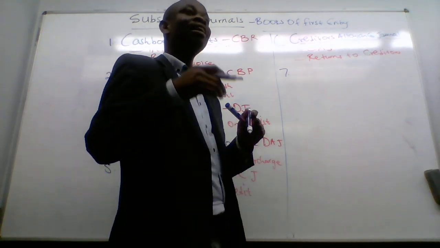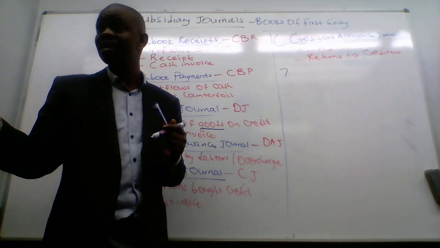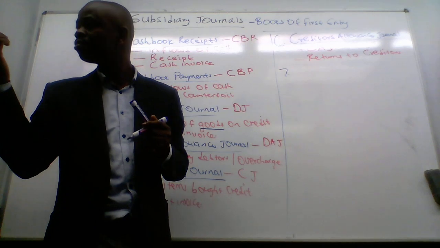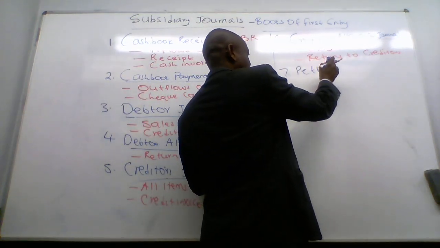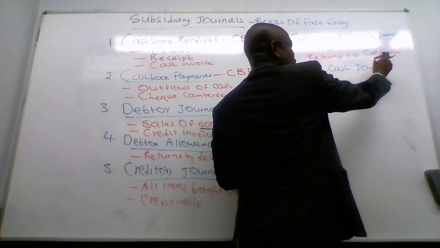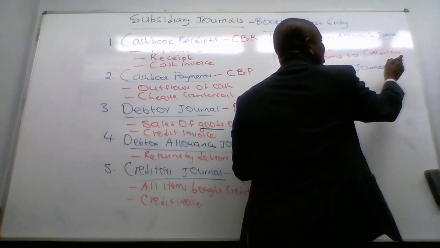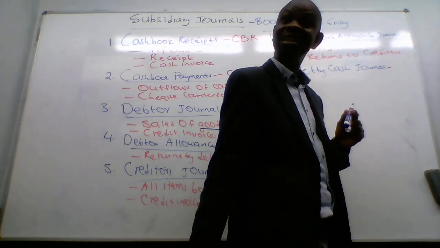Now, sometimes we buy items for cash, but they are very small in nature. We call that petty cash. Remember, I'm not going according to your book, because I'm showing you that I know them. How can we shorten this one?